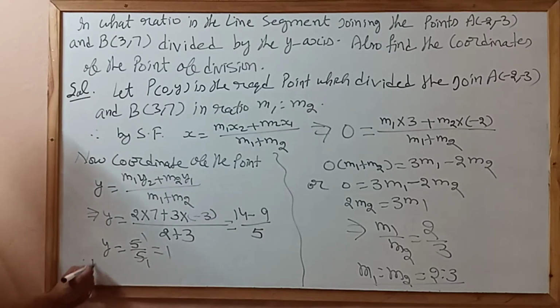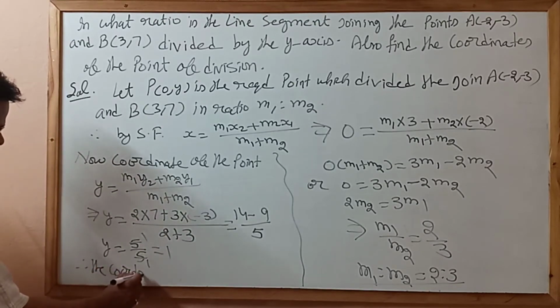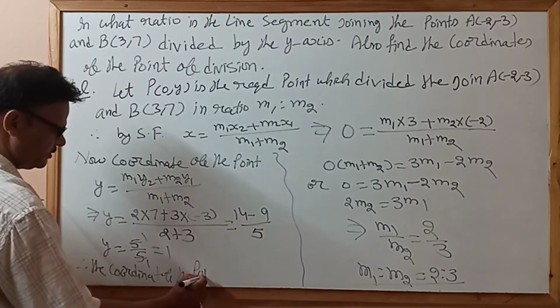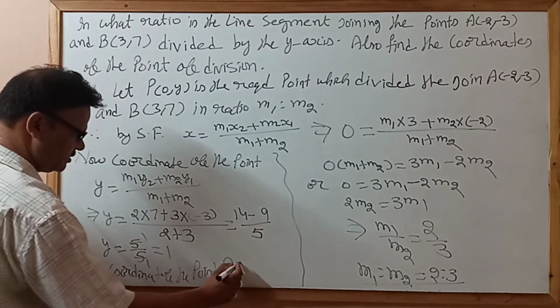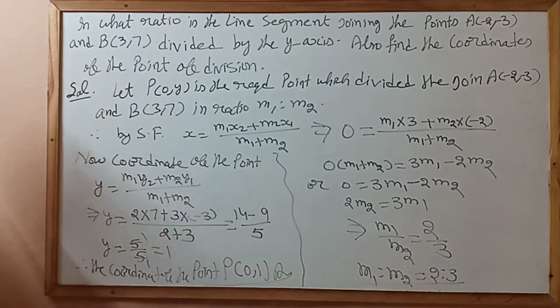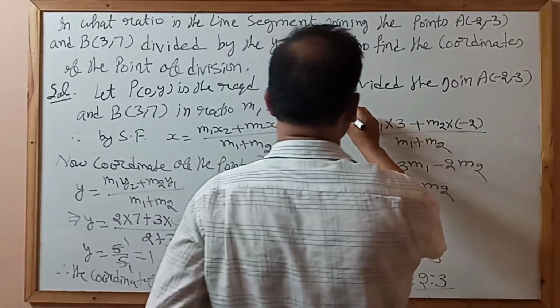Therefore the coordinates of the point P is (0, 1). Answer. So first of all we draw a figure.